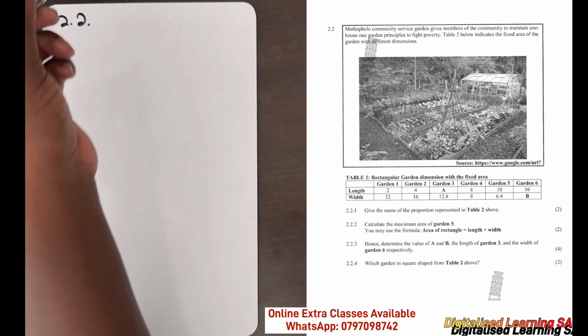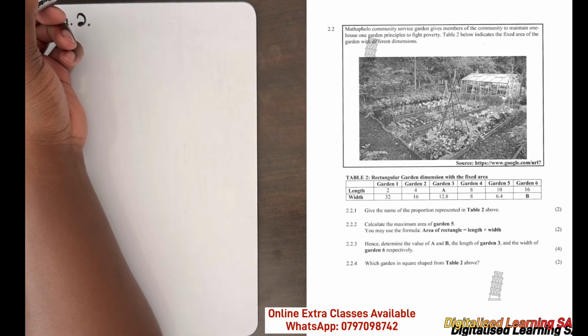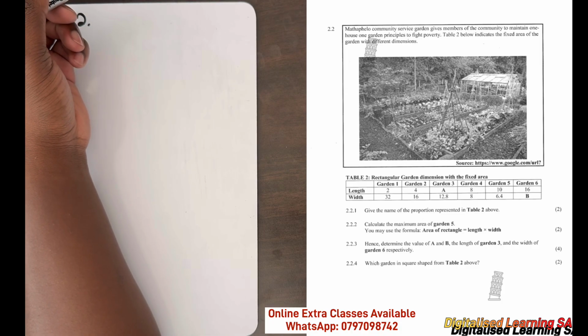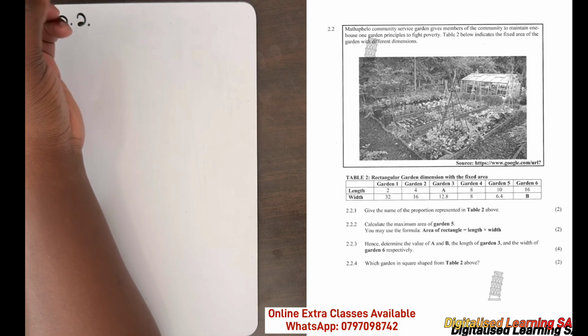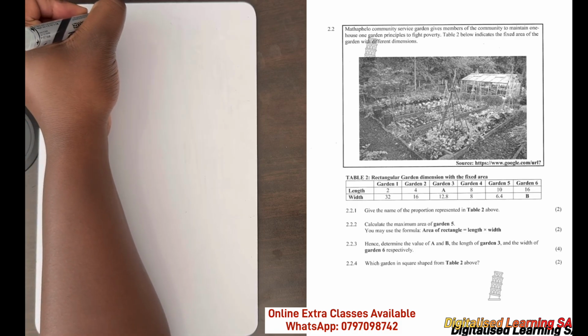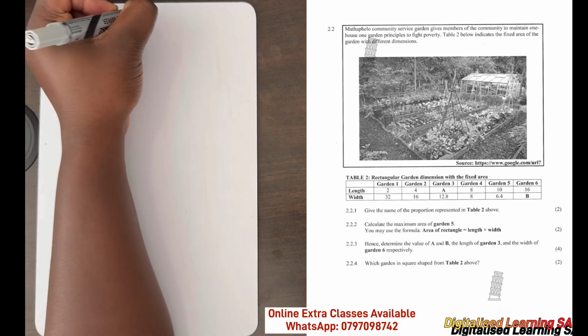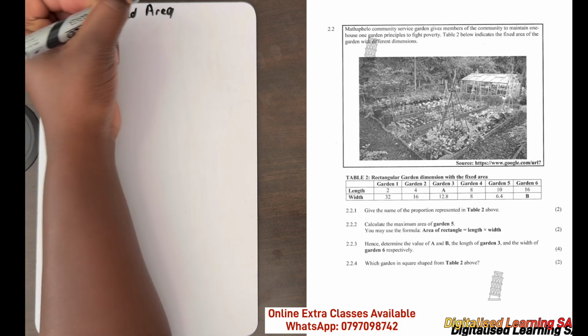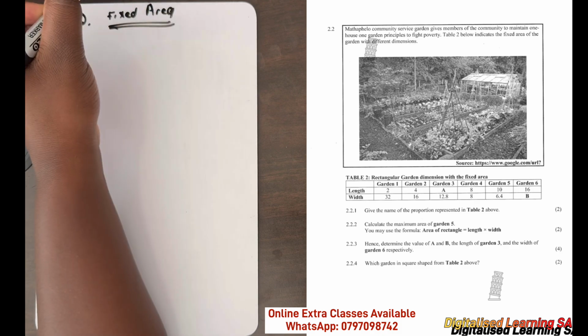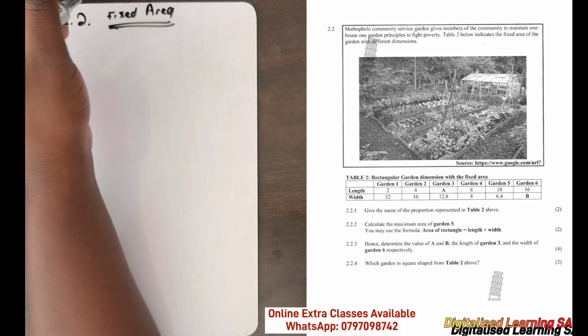So what does that statement mean? The fixed area means that for each garden, the area will be the same. That's why we are told there is a fixed area. So the area will be the same for all the gardens.